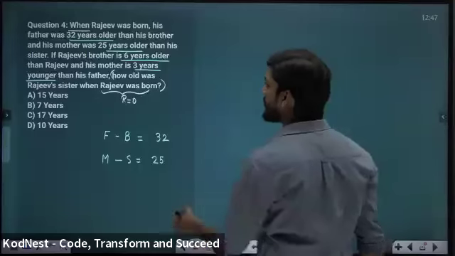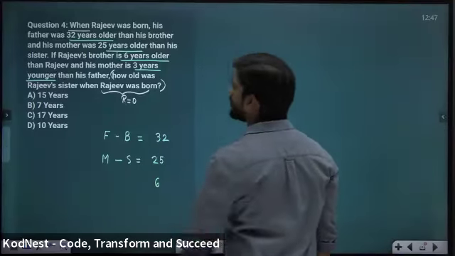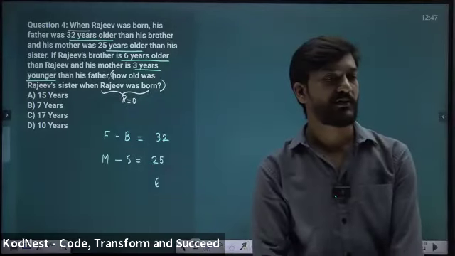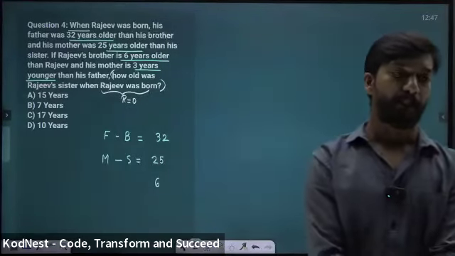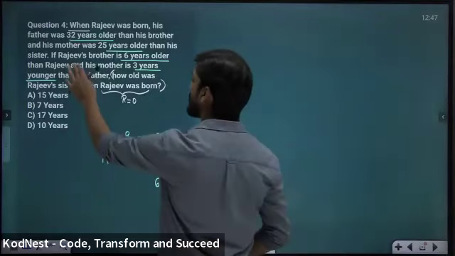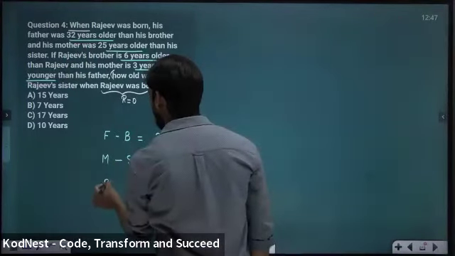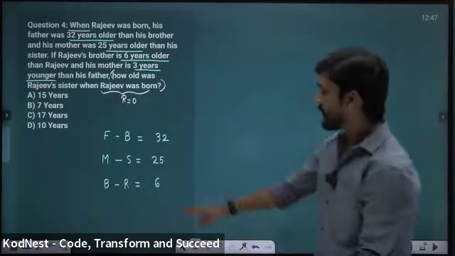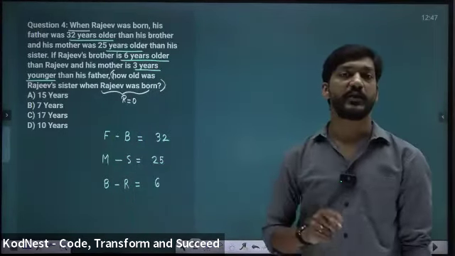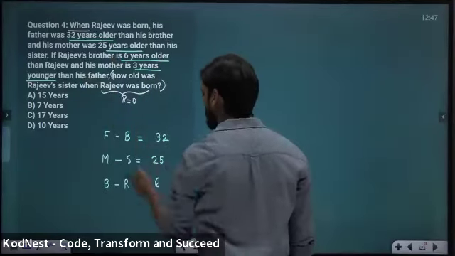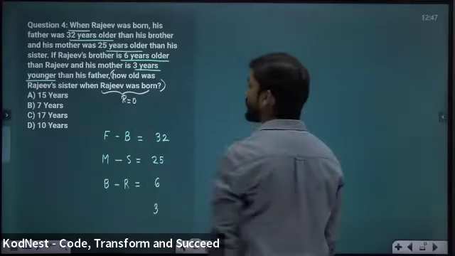Okay, third age difference is 6 years. Which two persons? Brother is older. Okay, then what? Then Rajiv. So brother minus Rajiv. So third age difference is this, brother and Rajiv. Fourth one, 3 years younger. Okay, so 3.